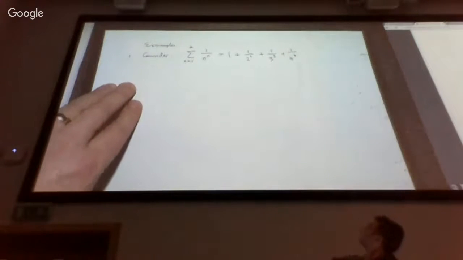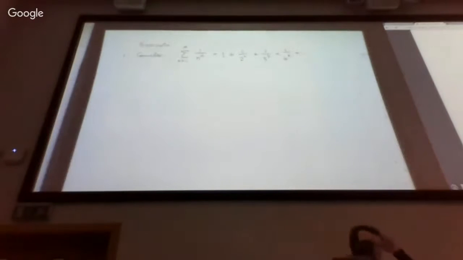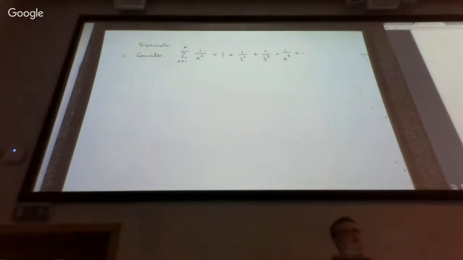What's 4 to the power of 4? 16 by 16, whatever that is, 256 maybe? Whatever it is. Okay. Any guesses about convergence or divergence, first of all?